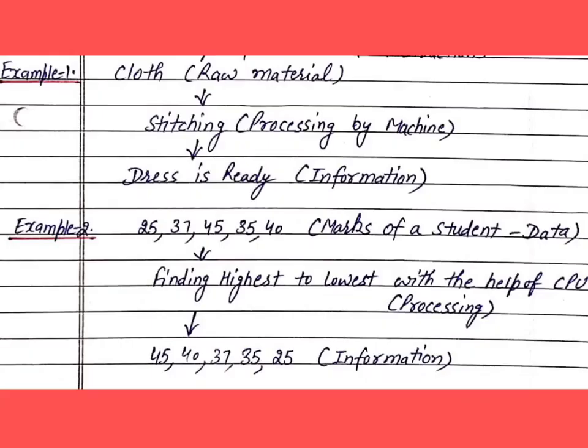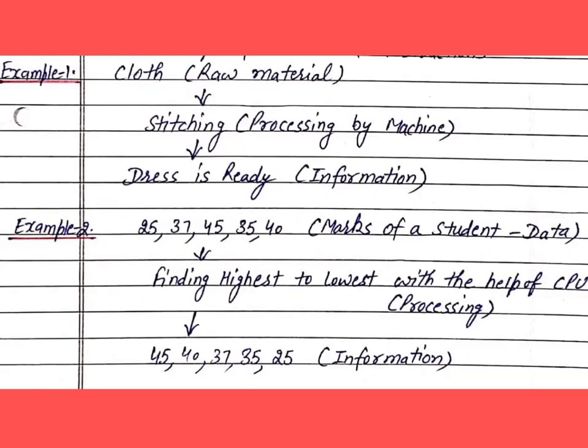Students, with the help of given example, you will be able to learn the concept of data and instructions. Example 1. Cloth, raw material. Then stitching, processing by machine. Then dress is ready is information. Example 2. 25, 37, 45, 35 and 40 are marks of a student is regarded as data.